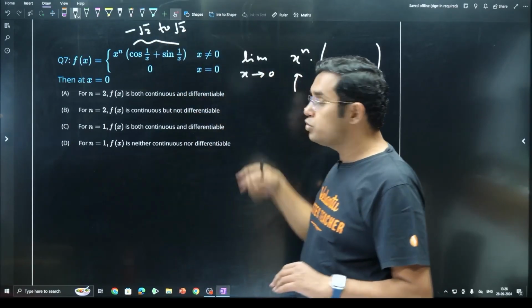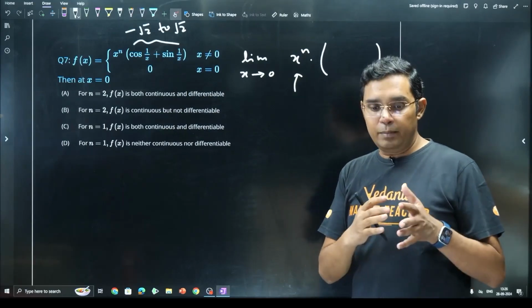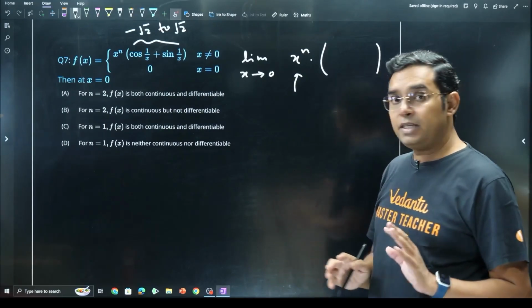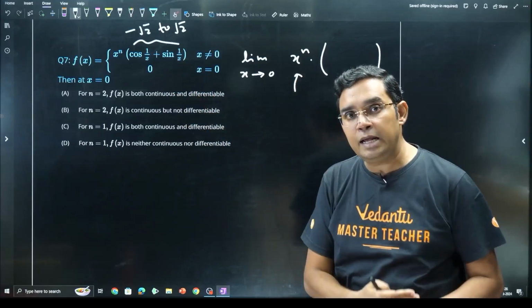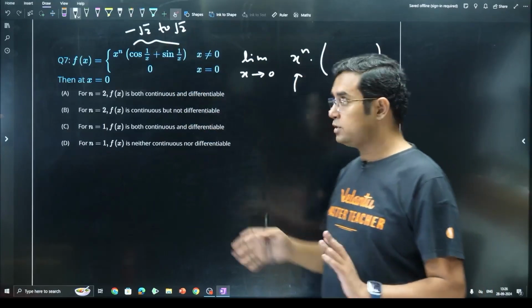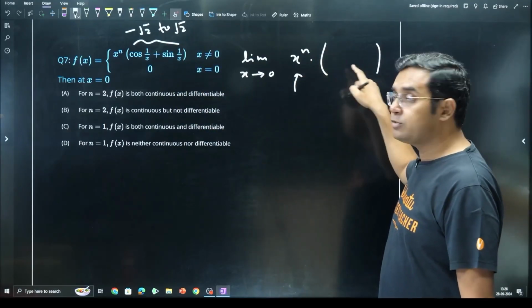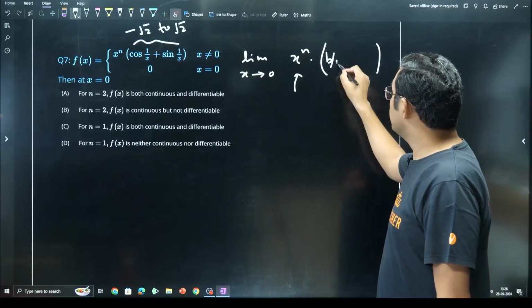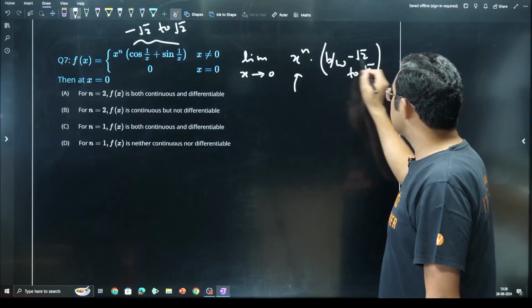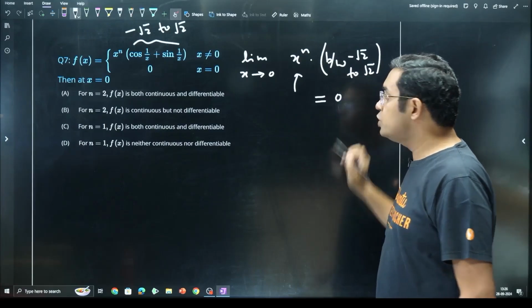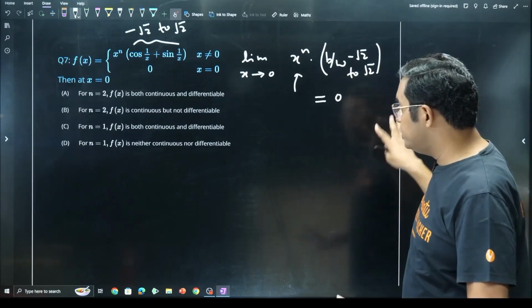As x approaches 0, the angle 1/x tends to infinity. So you cannot say the precise value for this expression, but it will definitely lie between these two values. When it is multiplied with x^n, the product will be equal to 0. So the limit is coming out to be 0.